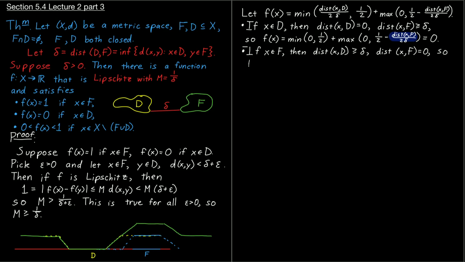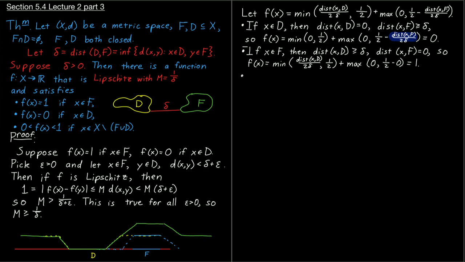So f of x is the minimum of the distance from x to d over 2 delta, that's at least 1/2, so our minimum in this case is going to be 1/2, and then we add to it the maximum of 0 and 1/2 minus 0. Both of these come out to 1/2, so 1/2 plus 1/2 is 1.